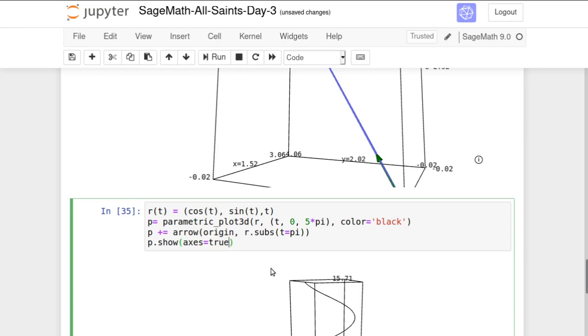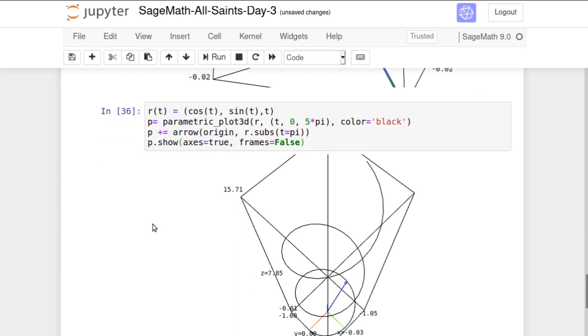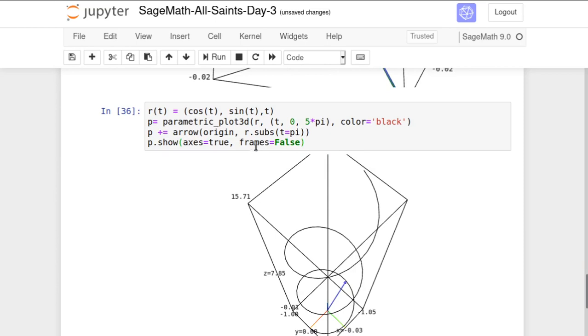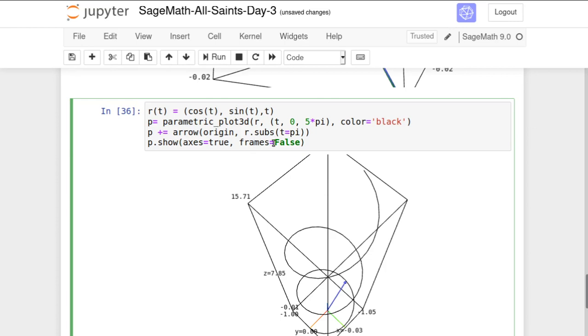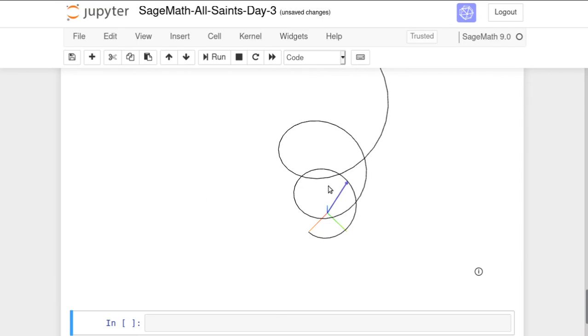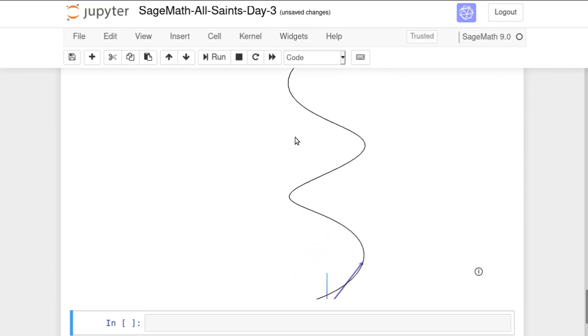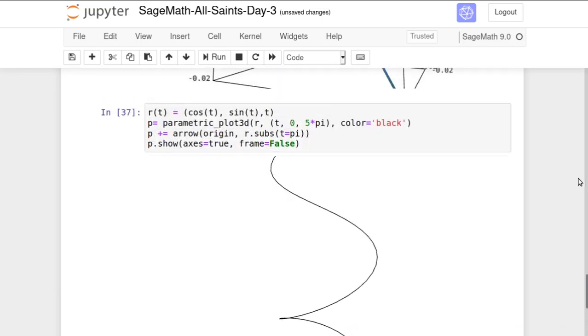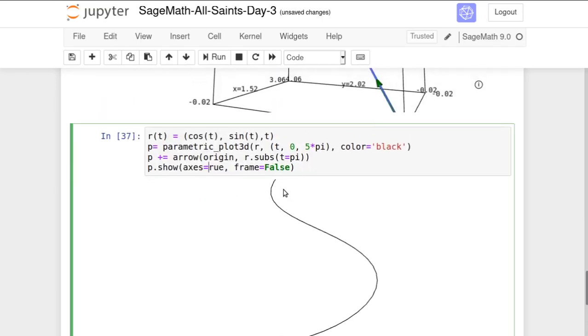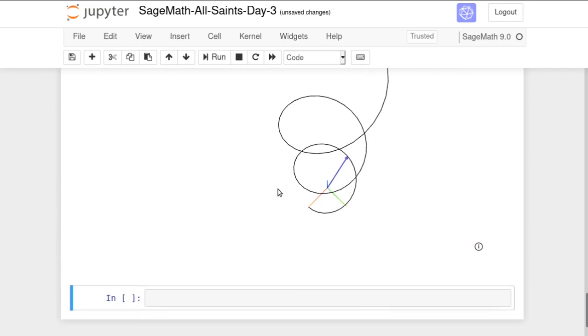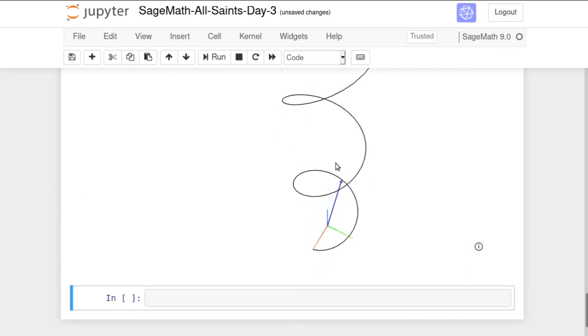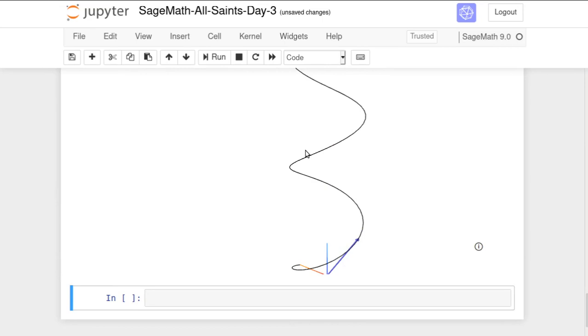Axis equal to true, frames equal to false, but the frame is not going away. Previously we turned off the frame. Is it frames equal to false or frame equal to false? Okay, it's frame equal to false. But the axis also went away. Axes equal to true. Okay, T is capital. Axes equal to true. Oh, but the axis is very small here. Anyway, the axis has come.